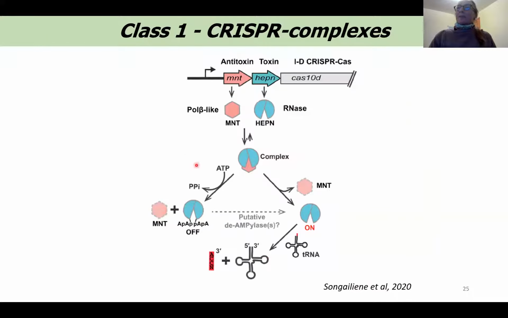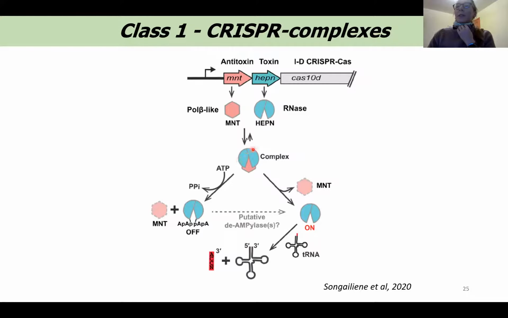I will just cover a bit of my latest paper, where we discovered a toxin-antitoxin system in the same operon as the Cas genes. And this toxin-antitoxin system may cooperate with CRISPR, as we suspect. There are two genes, antitoxin and toxin.